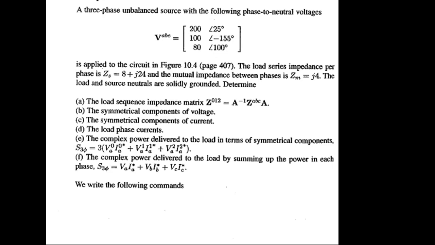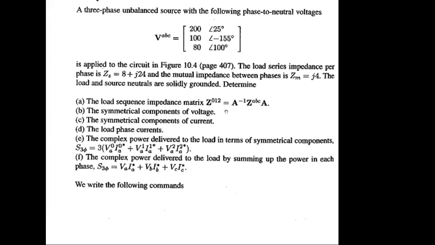Sabrina, have you determined those Z012? Besides that, what else is there? Actually, you can do that by matrix multiplication or the simple expression. First of all, the sequence matrix, then the symmetrical component of voltage, that is V012.